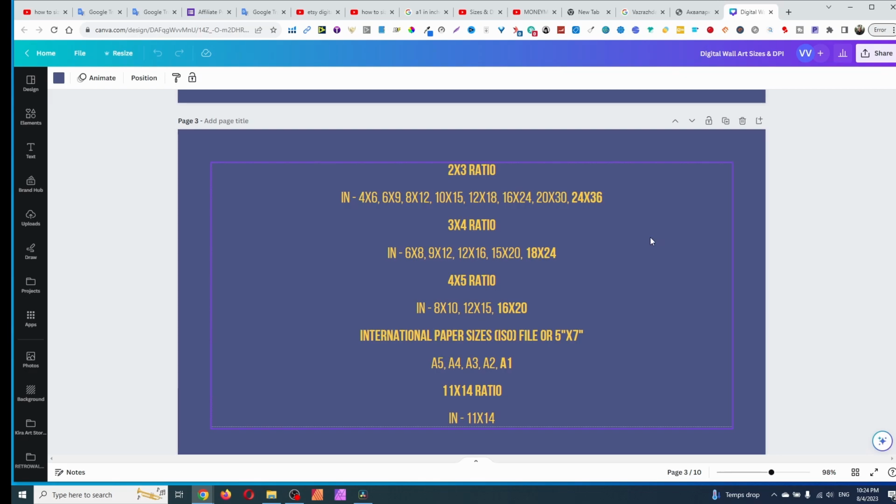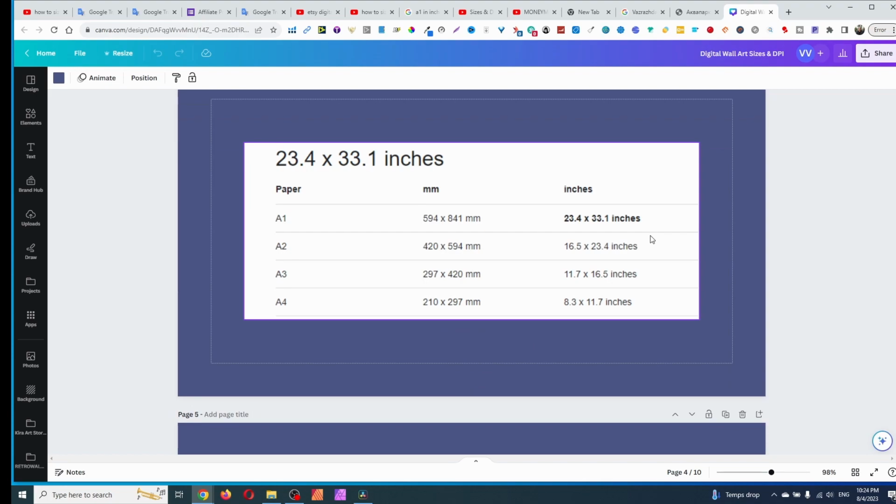So these are the ratios and the sizes in inches. This is the screenshot of the ISO file, and we're going to get A1 because it's the biggest in inches, and it's going to be the biggest in pixels if we create the files in pixels.